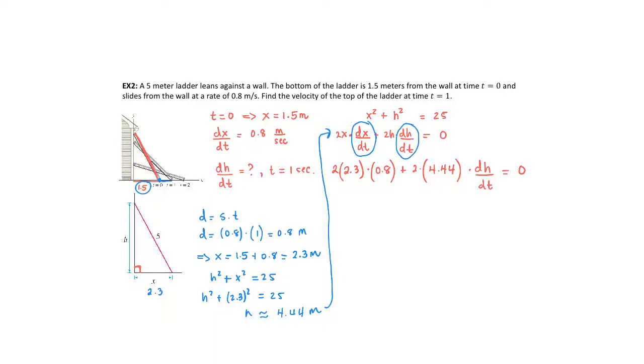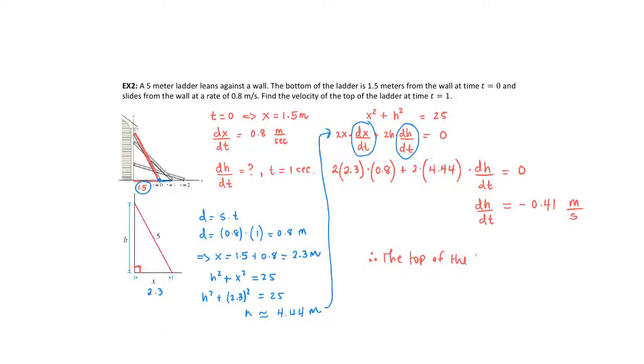That's going to be equal to 0. And when we solve this equation, when we isolate dh/dt, we should get negative 0.41 meters per second.